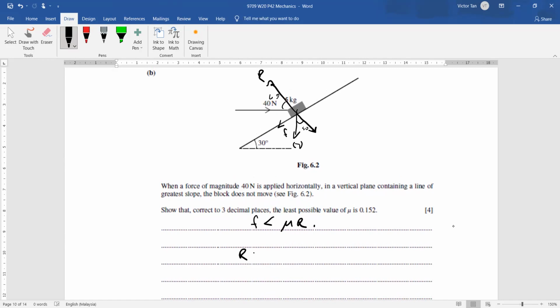So now R equals 40 cos 60 plus 50 cos 30. Yeah, 20 plus 25 root 3. Okay.